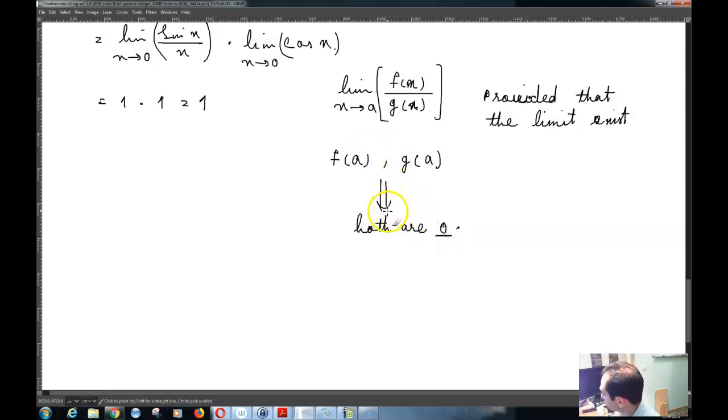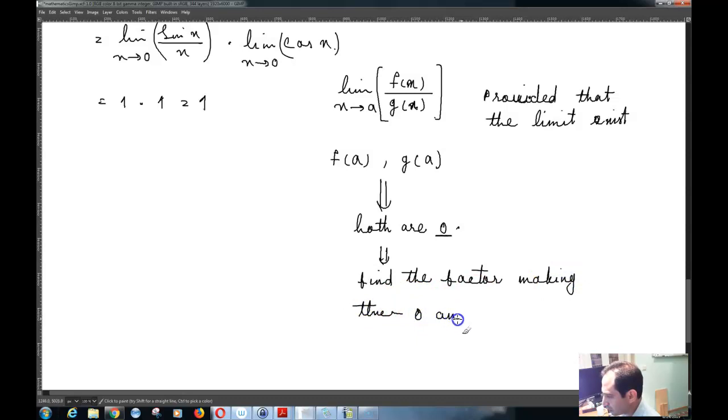If both are 0, then we need to find the factor making them 0, and eliminate that factor.